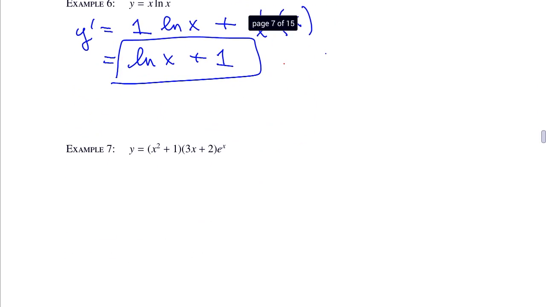All right, let's look at example 7. What's the problem with example 7? There are 3 of them. So the product rule allows us to do 2 at a time. So that's what we will do. We will group it here and here, like so.